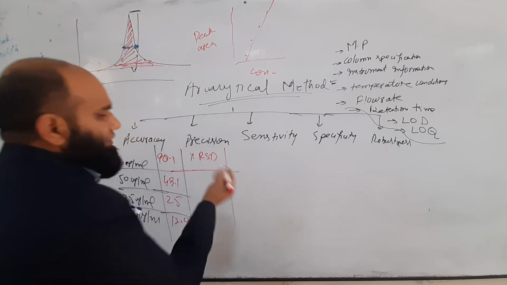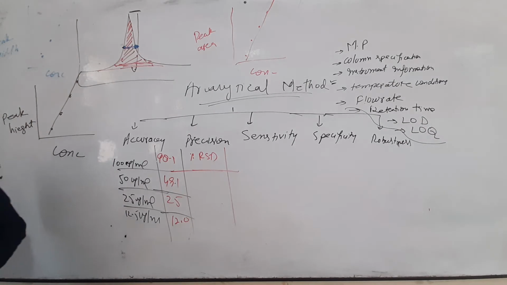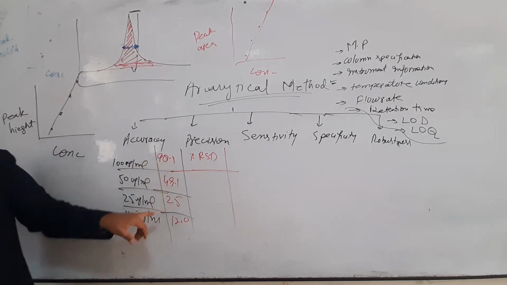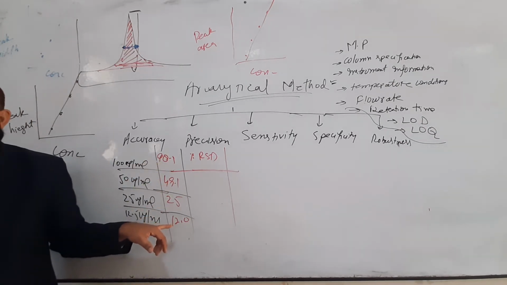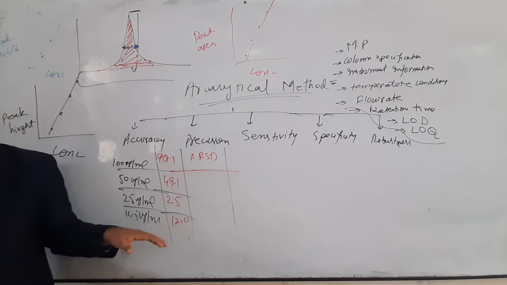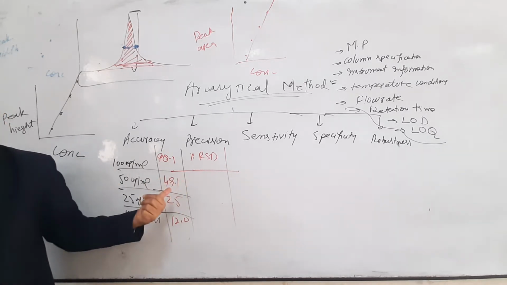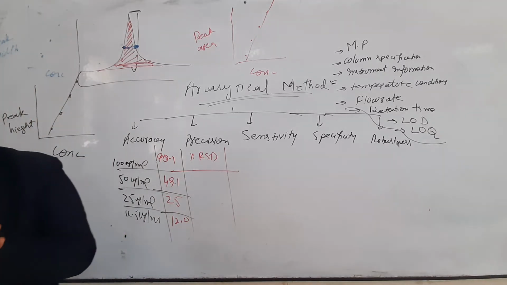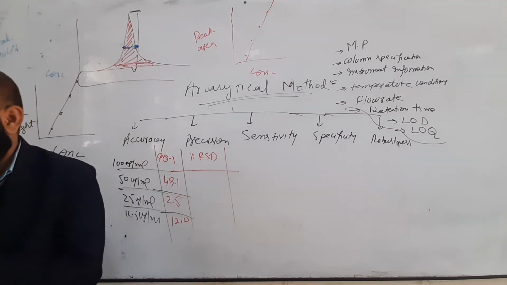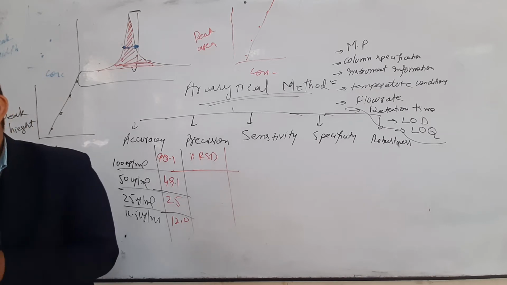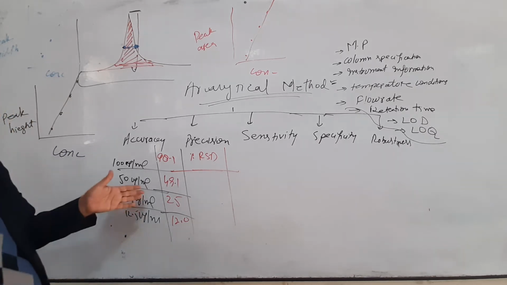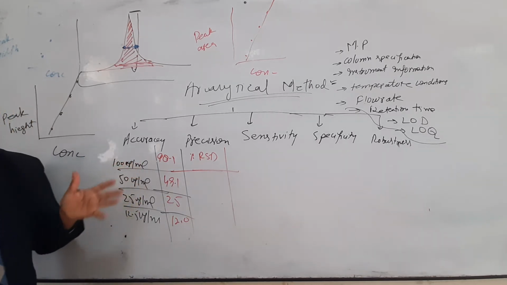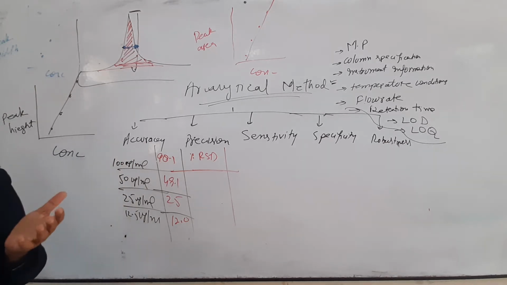Percentage RSD will be calculated by taking the three values of this and this, taking the mean, and after taking the mean, we will convert it into our standard deviation, and then we will check how much the concentration varies from our prepared or the reported concentration. This type of calculation will give us the accuracy of the method.